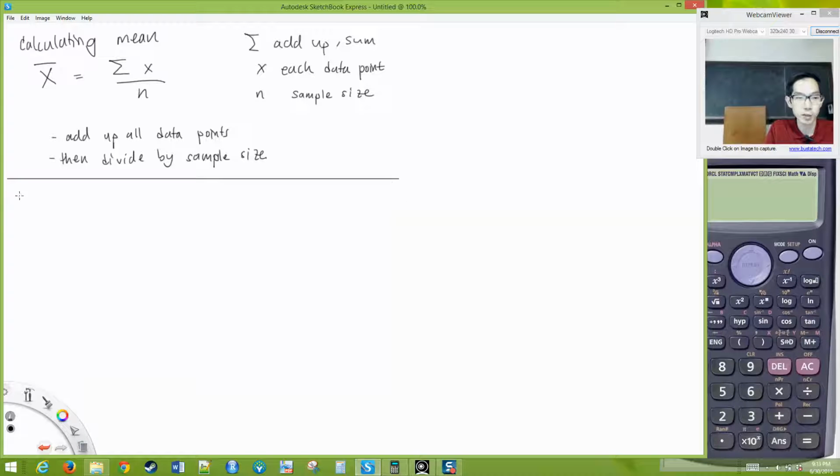Okay, let's talk about finding the median. Again, the median is the spot where half of your data points are larger and half are smaller.